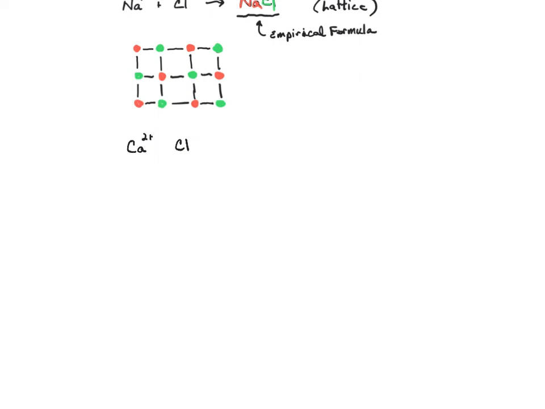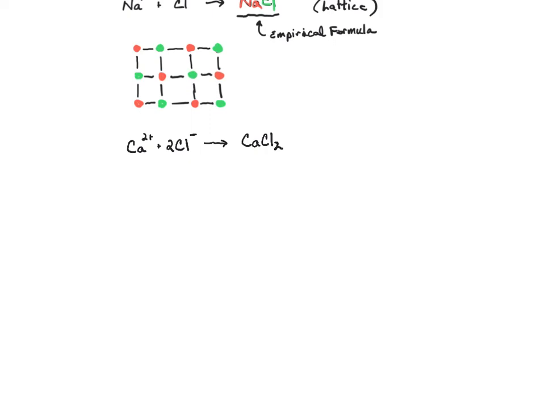Chlorine is in group 17, and like every other element in group 17, it likes to take on a negative 1 charge, just like we saw in sodium chloride. But if I were to form a compound between calcium and chloride, I would need to make sure that my charges balance out. So what this means is I would need 2 chlorides for every 1 calcium. And what I would arrive at is CaCl2.